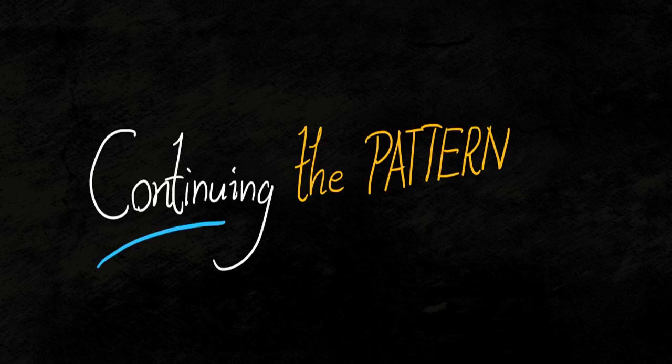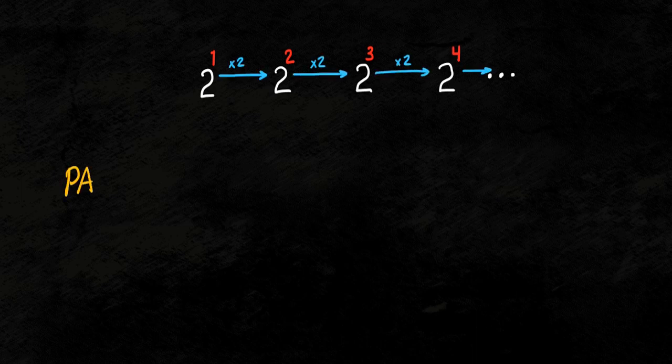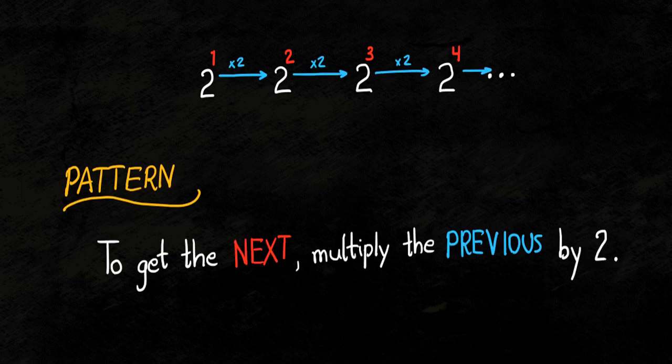But however, we somehow managed to define 2 to the power of non-positive numbers. And the way we did that is what I like to call continuing the pattern. If we look at the sequence of positive powers of 2, we can see a pattern. Well, the pattern is this. To get the next power, we multiply the previous power by 2.